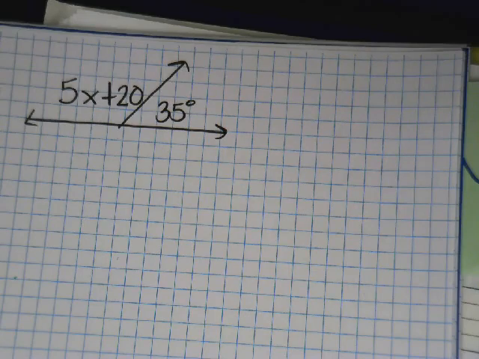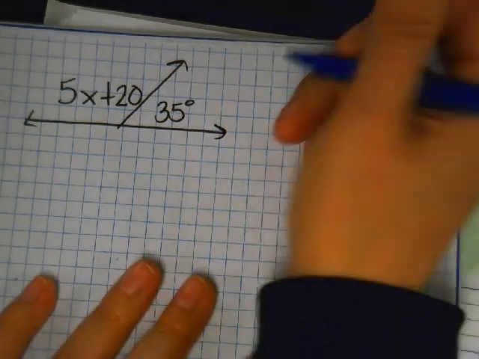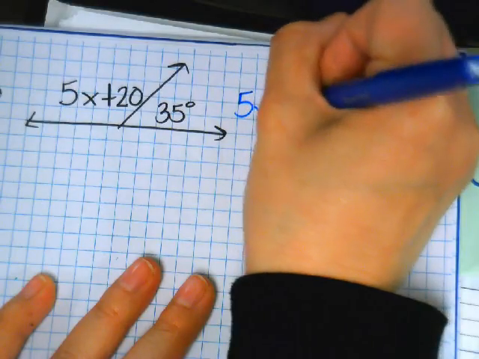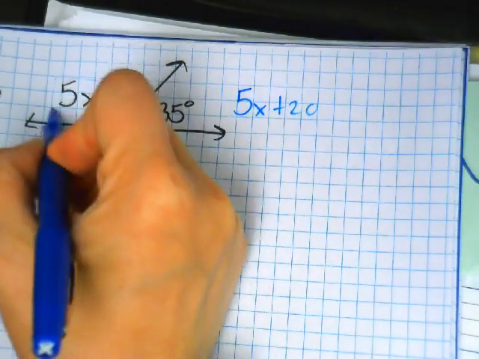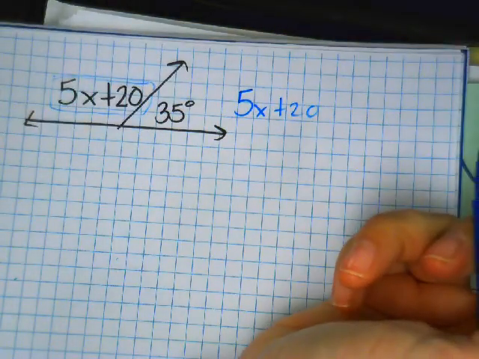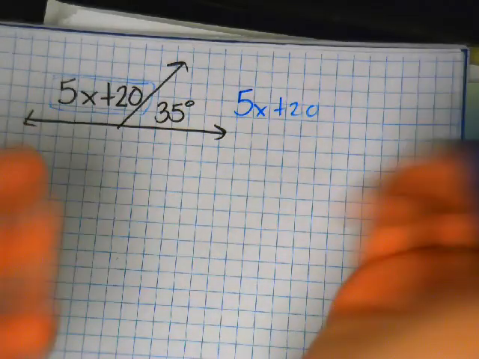Okay, what equation would you write down for this problem? 5x plus 20 plus 35 equals 180. Yeah, what they said. 5x plus 20, plus whatever this is. There's like no thinking in this part. Just write it down.